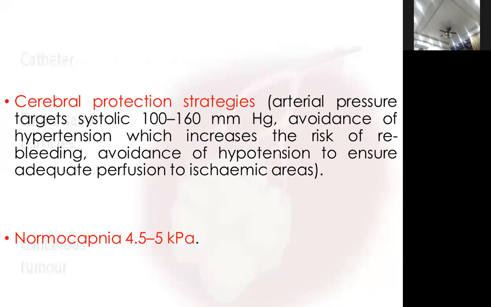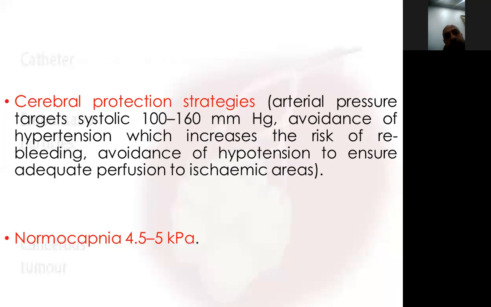In terms of cerebral protection strategies, we always target an arterial pressure between 100 and 160, but we have to keep in mind that we have to avoid extreme hypertension, which increases the risk of rebleeding, and we also have to avoid hypotension to ensure that there is no ischemia due to low blood perfusion.